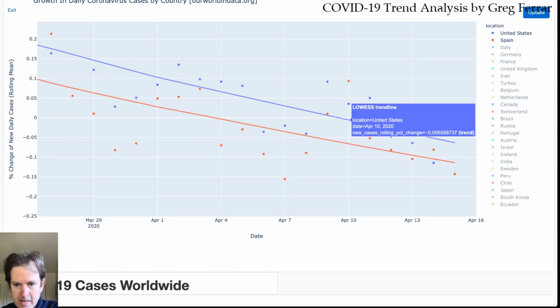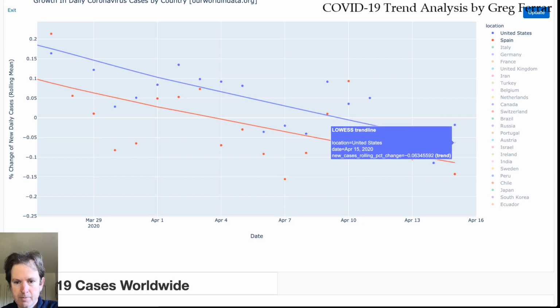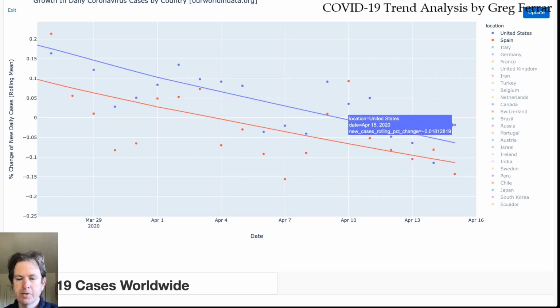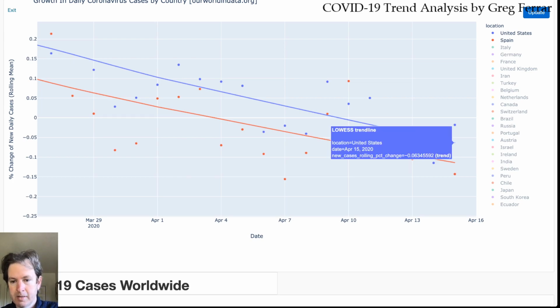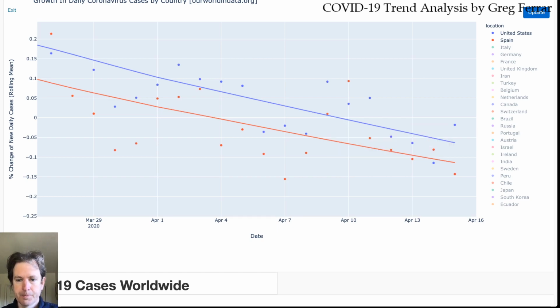Let's see, since the 10th, it's dropped about 6%. And so it's the 15th now. So what is that? 5% every 5 days. We can imagine if this trend continues that in 5 more days, the United States will be seeing a 10% or 11% a day decrease, which would wipe out its new cases pretty quick if that stays.